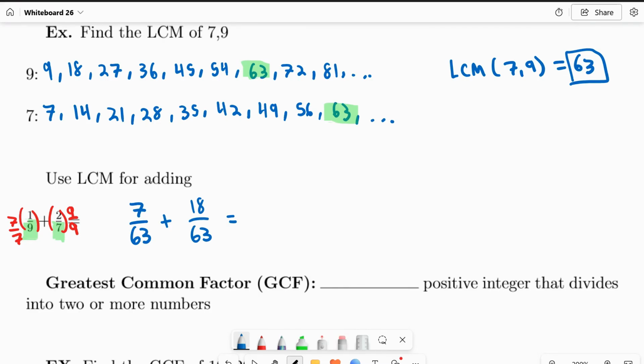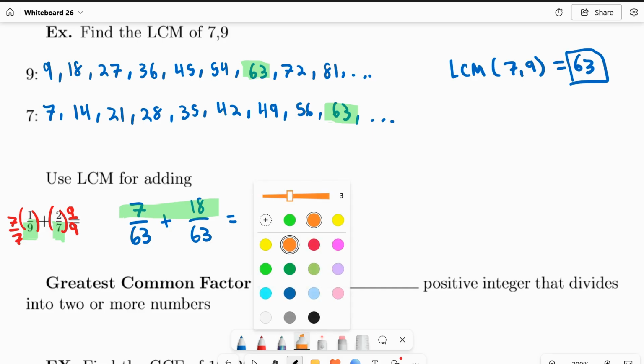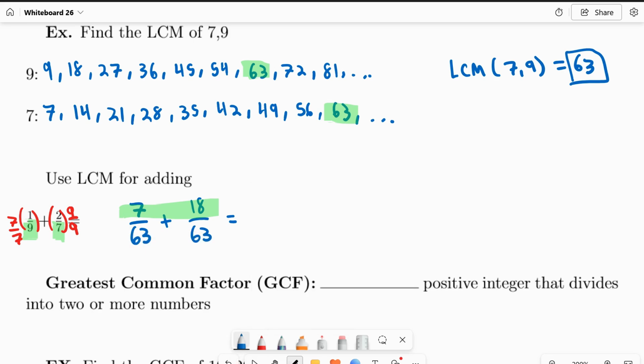So now for adding, we're going to add straight across the top and straight across the bottom? Well, the denominator does not change. So we will actually leave 63 as our denominator. So then we would have 7 plus 18 over 63, which is 25 over 63. And that is our answer for that one. We'll talk a little bit more about adding and subtracting just a bit later here.